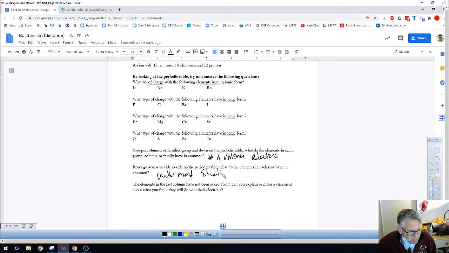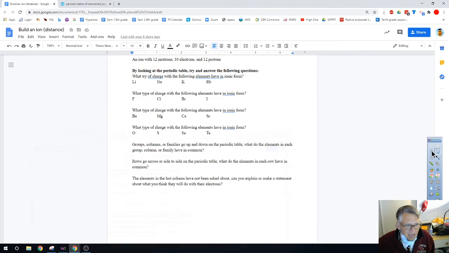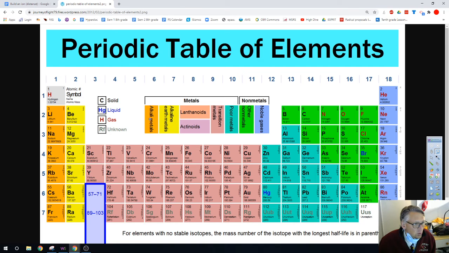And I'll explain that in just a second, but let's take a look at this last one. The elements in the last column have not been asked about. Can you explain or make a statement about what you think they will do with their electrons? So we're going to talk about rows and the last group. So rows go across.